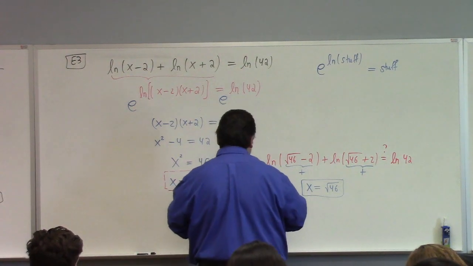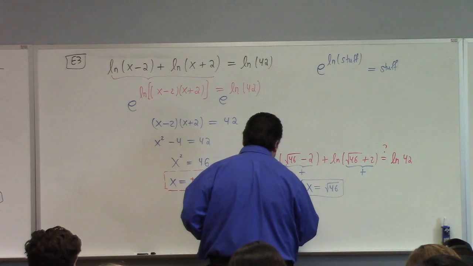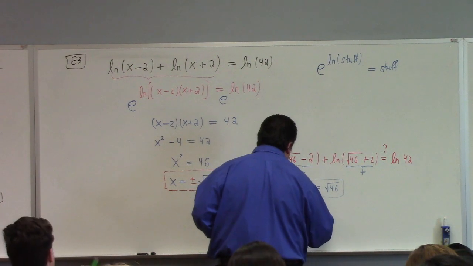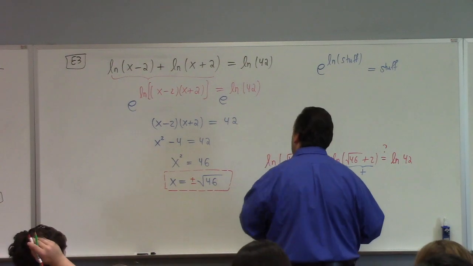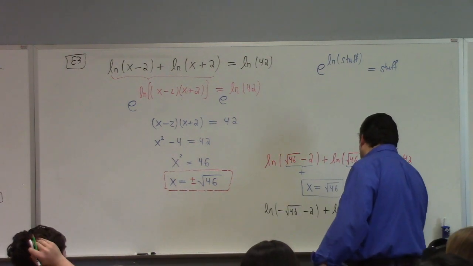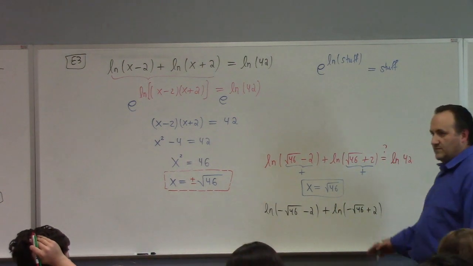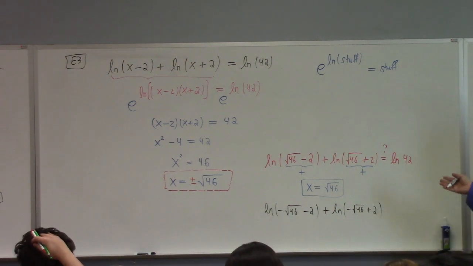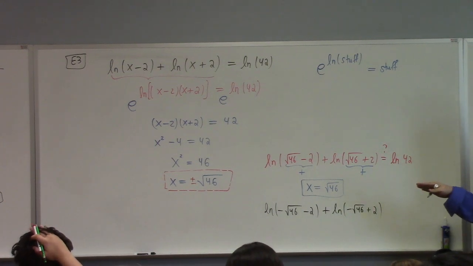What are you looking at then? Natural log of minus the square root of 46 minus 2. Negative. And I can stop right there, by the way, guys. Minus 2 plus. Do you see that? So both of these natural logs, they're natural log of a what? Of a negative number.